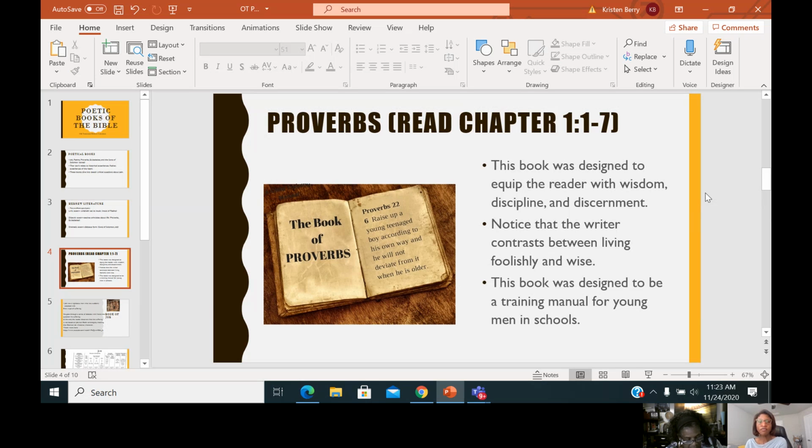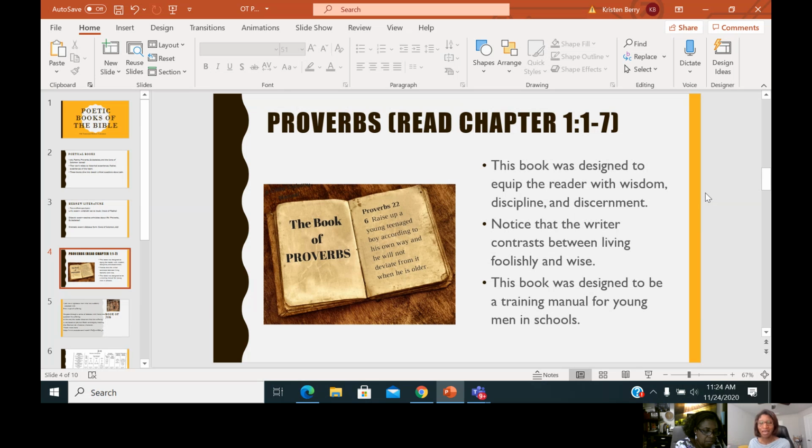of Proverbs. Proverbs was a book that was supposed to be like a manual. It was supposed to be like a lesson book for young men who were in school, like a training kind of school. And of course, during that time, it was more focused on males because of the culture. Little girls or young ladies didn't go to school like the boys did.